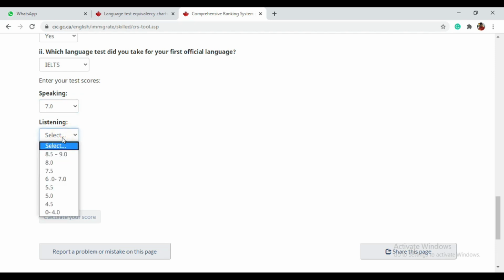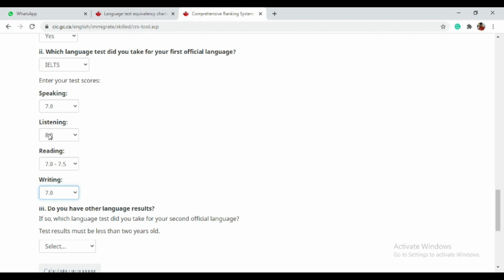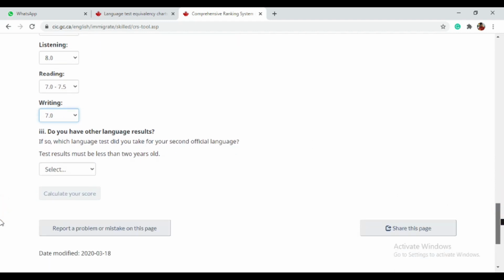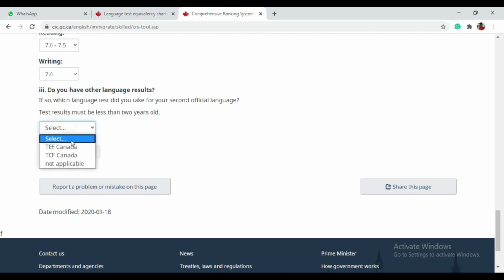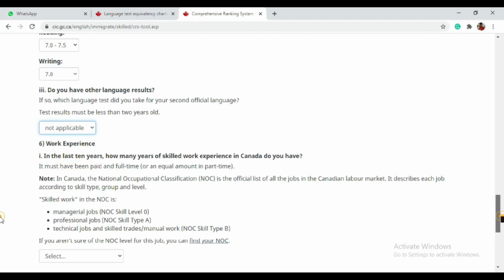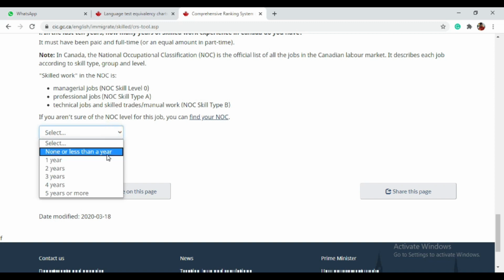Right. So we will be selecting the golden score at the moment. That is 8777. See, listening 8 and 777 in the other modules. Now, I will be quickly saying no to everything.